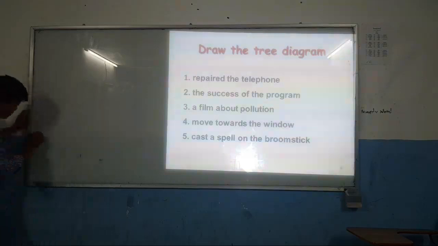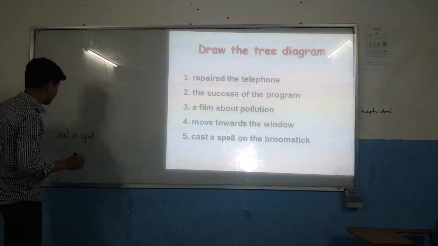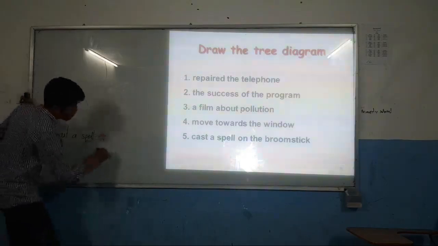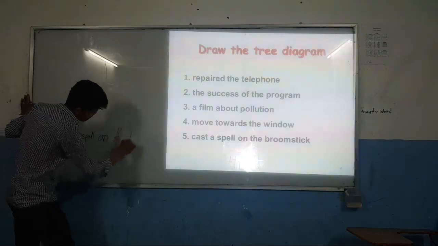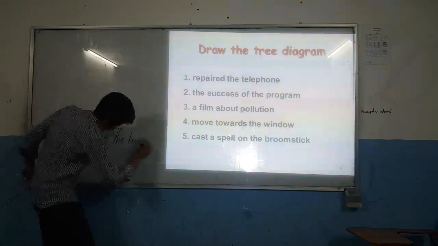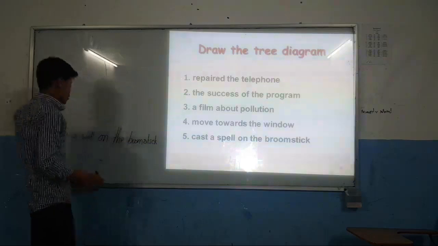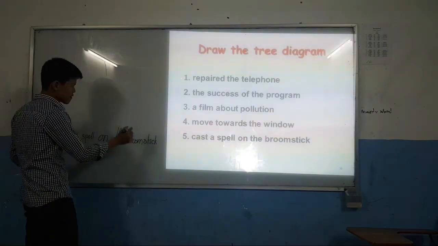Teacher, what is the broomstick? You know broomstick? Like in the cartoon or the magical movie, they can use the broomstick and point, and the thing happens.